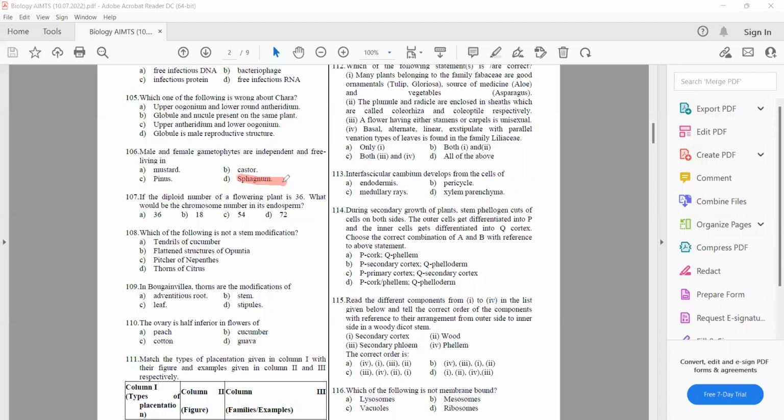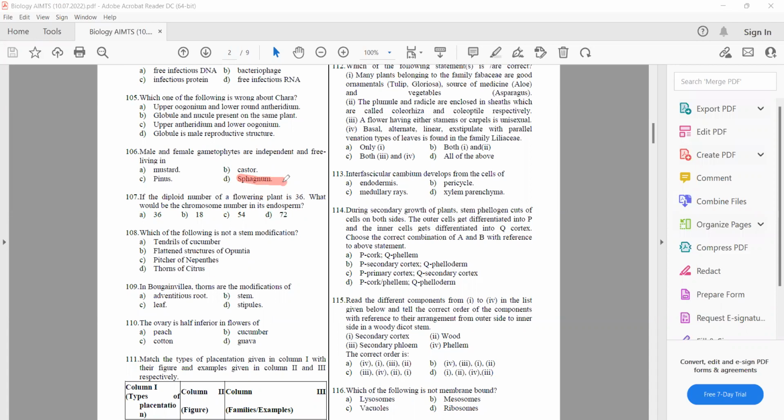Sphagnum will be the right option. Sphagnum is a bryophyte, so the dominant phase will be the gametophyte, which is independent. In the remaining options, mustard, pinus or castor, the main plant body will be the sporophyte, but the gametophyte is actually dependent on the sporophyte.